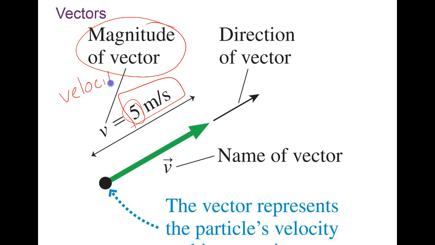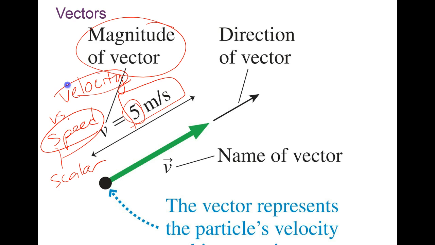This is the most common example, of course. Velocity versus speed. Speed is a scalar, meaning the direction is not important. Velocity is a vector quantity, meaning I need magnitude and direction.